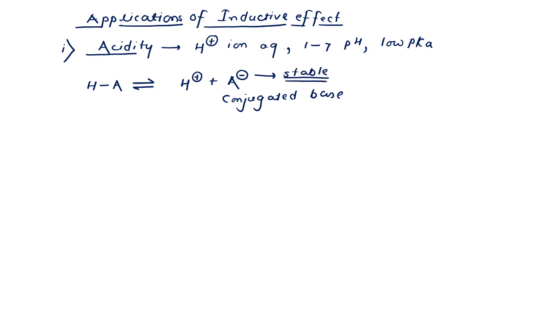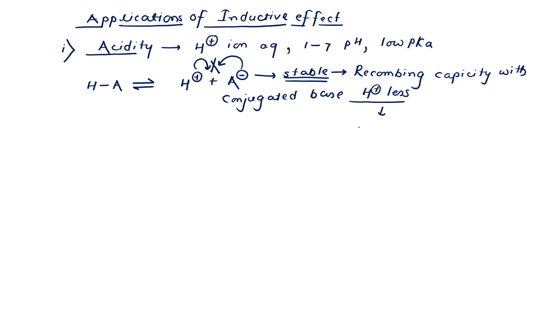If this conjugate base is stable, the recombining capacity with H plus is less. If the recombining capacity is less, then the H plus concentration in the solution will be more. This is a stronger acid.